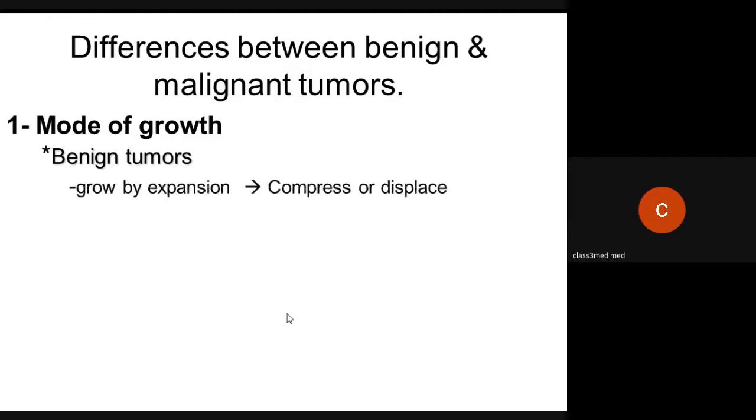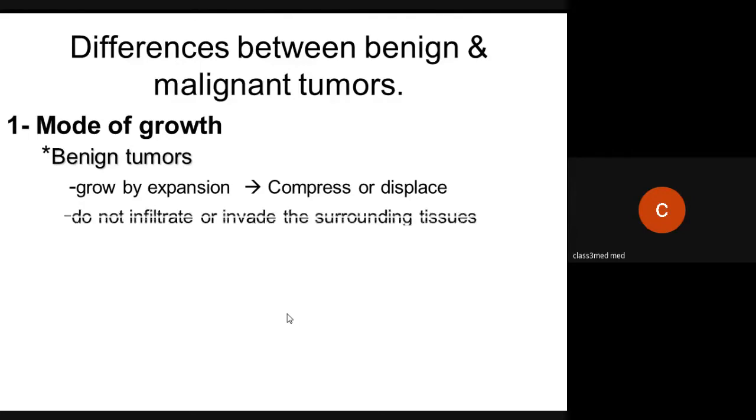When the tumor expands and increases in size, it compresses or replaces the surrounding tissues. For example, a benign tumor in the mediastinum, when it expands, will compress the esophagus, resulting in dysphagia.